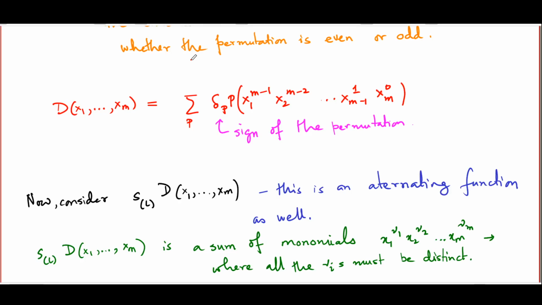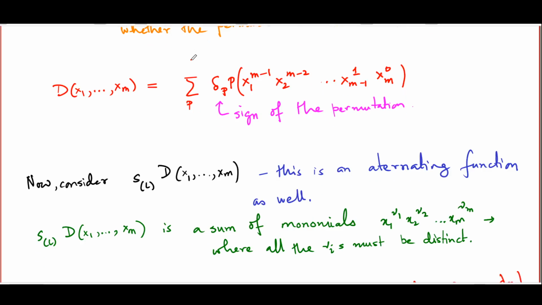And because of this alternating property, we can get terms by simply permuting the indices 1, 2, up to m as with D, and that is why we can always decide to put the terms in these monomials in descending order, or other terms that are there in this S_L times D can be found out by just permuting the indices.